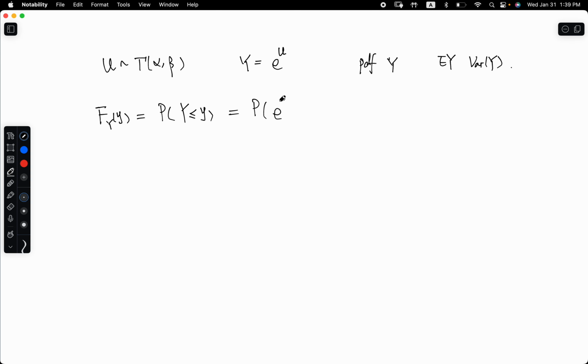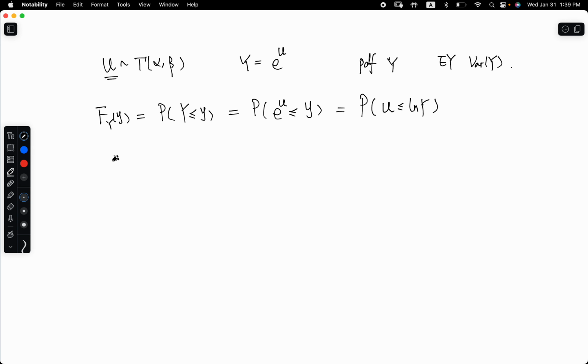Replace it by our definition of Y back in terms of the random variable U. This is equivalent to the random variable U being less than log of y.